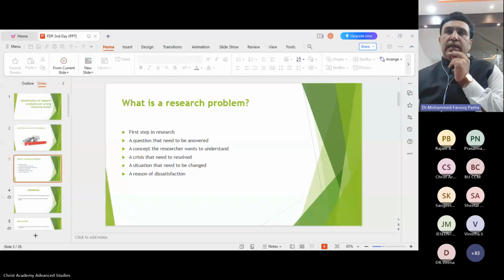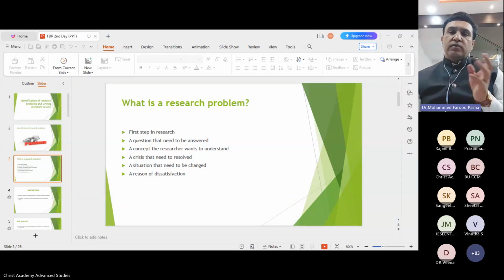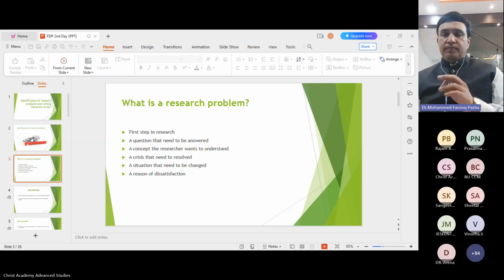To give you a single example, whenever you visit a doctor, he will ask you to come back to him with certain tests. Of course, you will go for all these routine tests, get the result and go to him. With that result, he will be able to identify the exact problem and start treating that exact problem, which he has identified with the help of the result you have undergone.